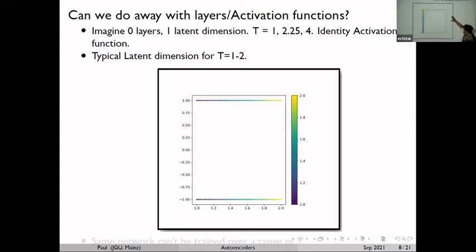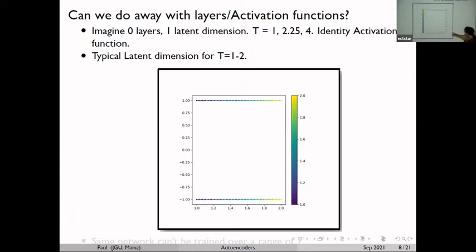If you train it for just the 1 to 2 temperature range where there is no phase transition, it's just two different possible phases, which is ordered phase 1 and -1. This would mean that one does not need the whole structure of the neural network to study this temperature range, because everything is clearly either 1 or -1, the ordered phase. And as I said in the beginning, one just needs no layers, just an identity function, because you just add things up and you get the latent variable and you're done.